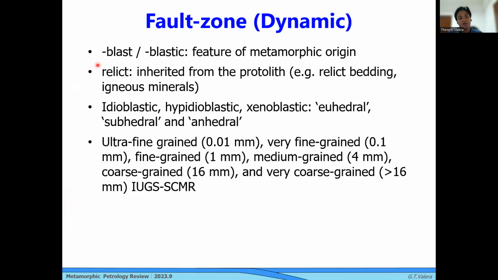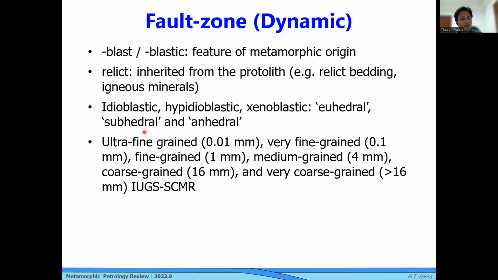Important na it's metamorphic in origin kasi if it's from the protolith, then that's what we refer to as the relic structures. The relic structures are structures that are inherited from the protolith, for example, relic bedding and relic igneous minerals. Relic with a T, not relic na R-E-L-I-C lang kasi relic na R-E-L-I-C ay religious materials.